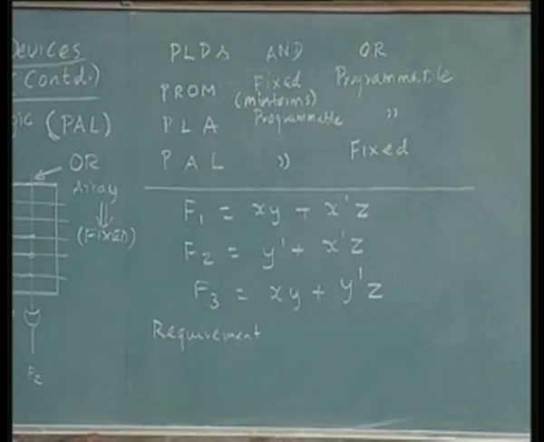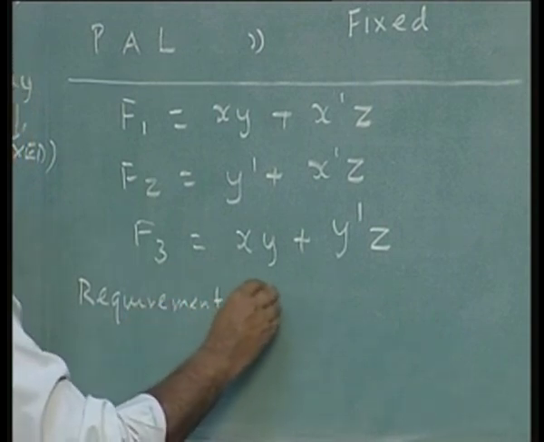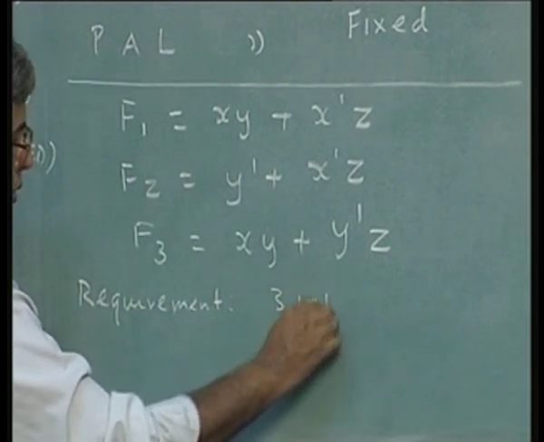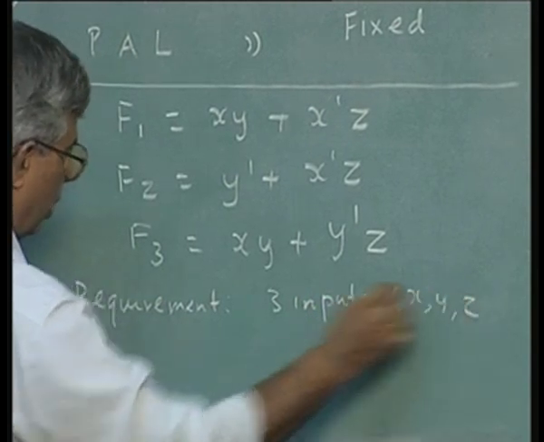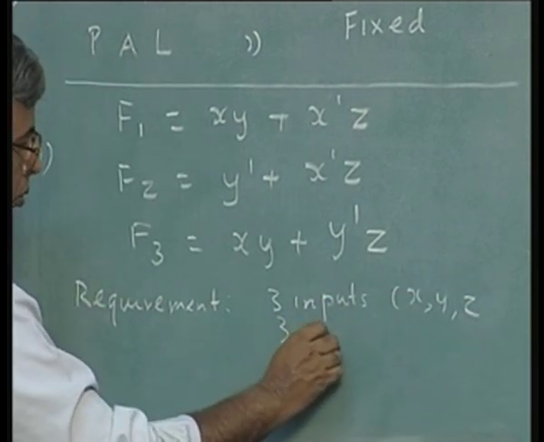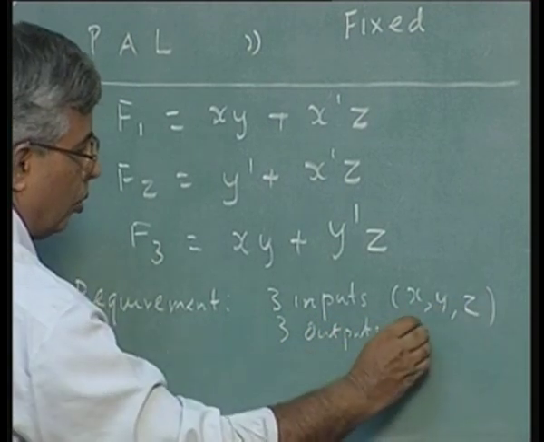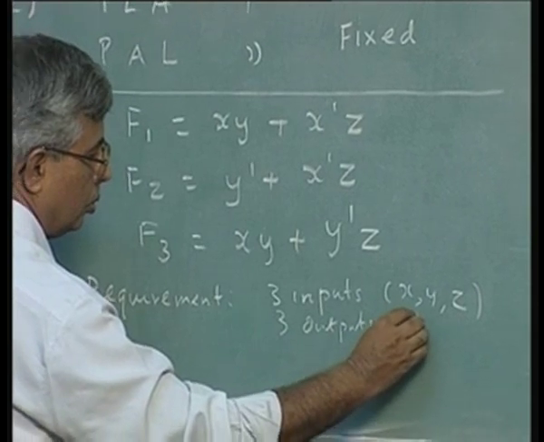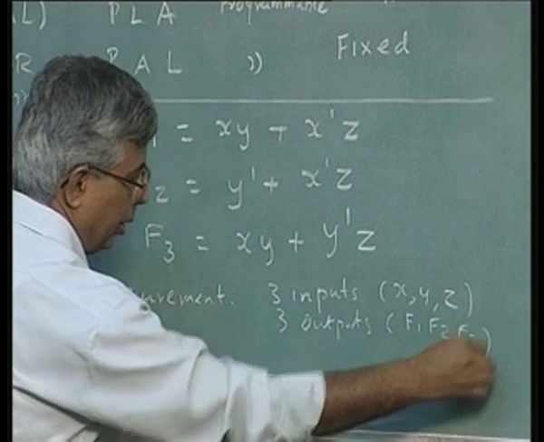So what we have to do is have a requirement. We are only talking about programmable AND gates, fixed OR gate structure. Requirement, of course, there should be 3 inputs because there are X, Y, Z. There have to be 3 outputs. So this is common to both the devices, PAL and PLA.